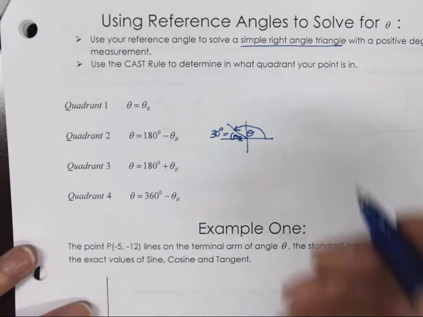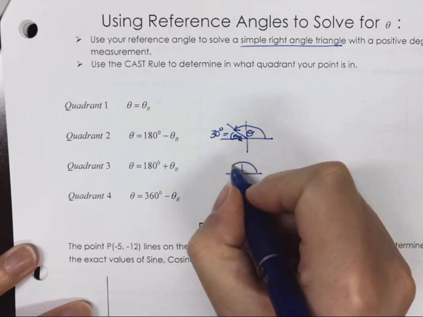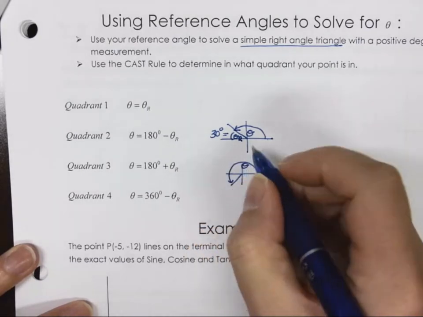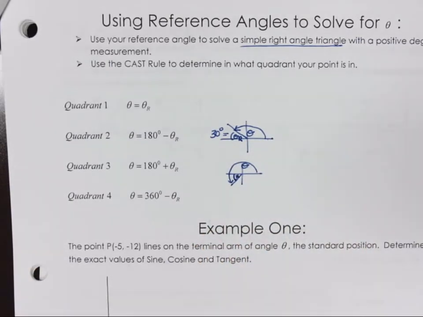Okay, so in quadrant 3, this one was the weird one, right? Because that's my real angle, but we know theta reference occurs in there. So that was the one where we had to add it. We had to take the 180 and add in what our theta reference was. That's what we did in 2.1. Quadrant 3 was the weird one.